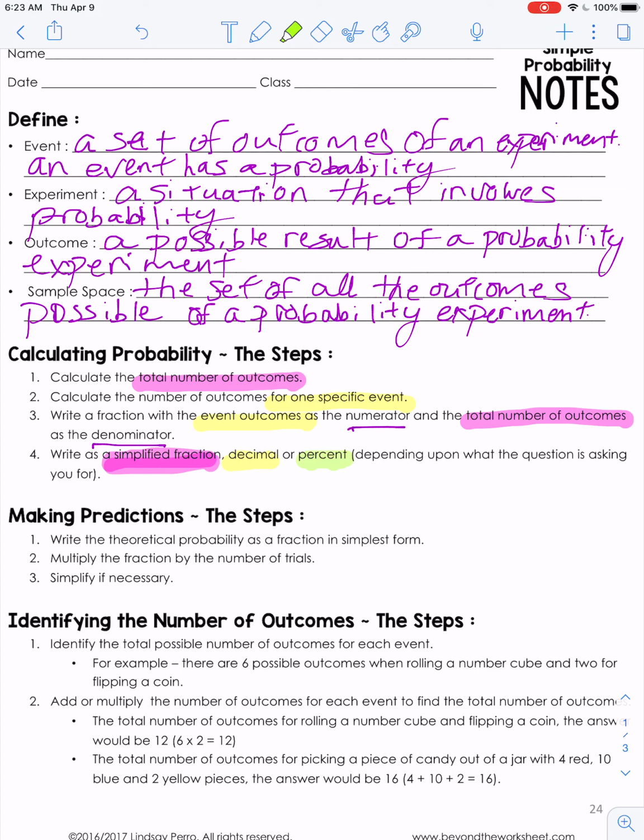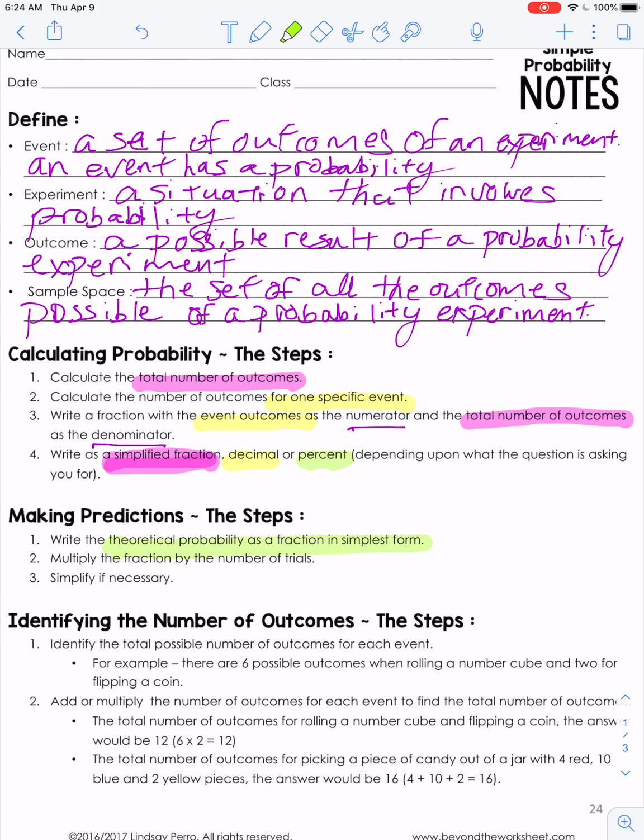Making predictions. So this is what we do a lot when we are working with probability. We are going to be making predictions about outcomes. So we write the theoretical probability as a fraction in simplest form.